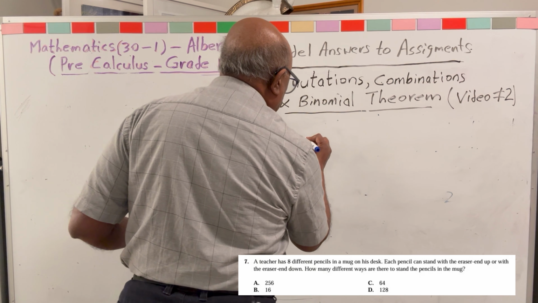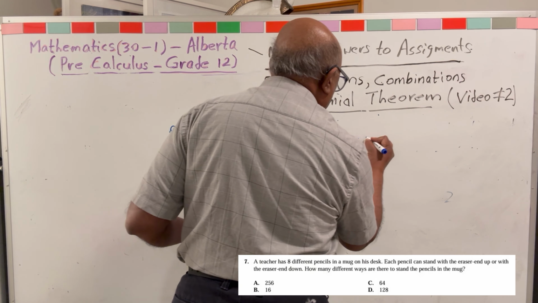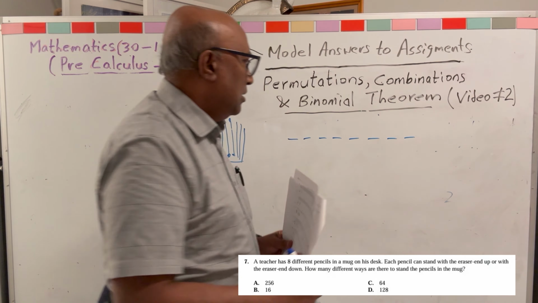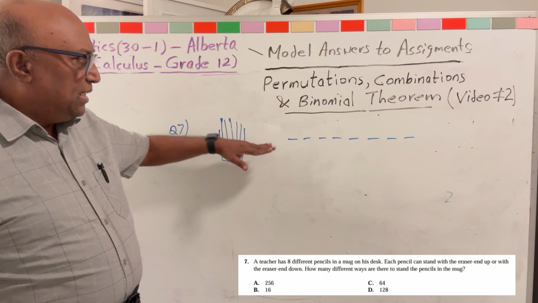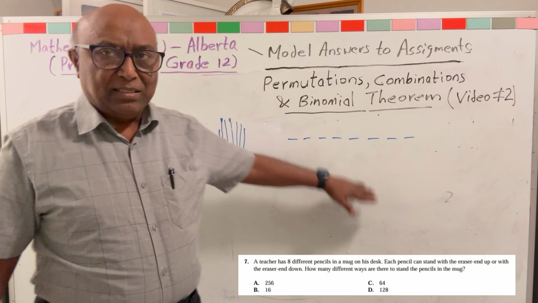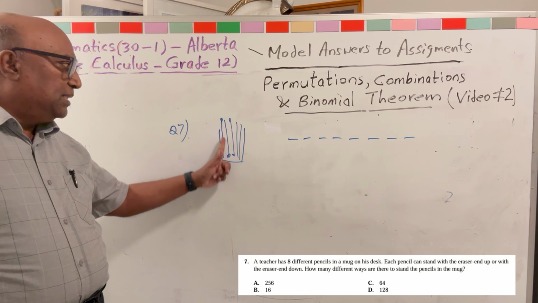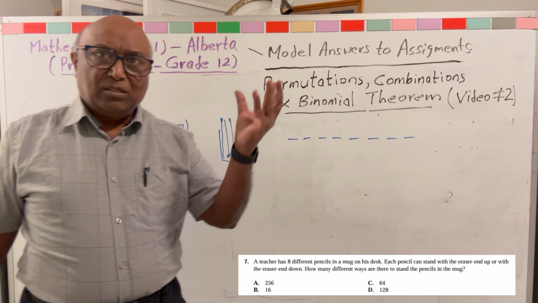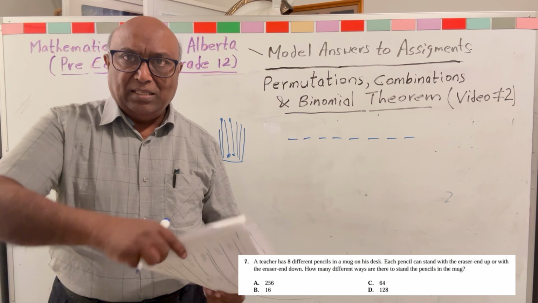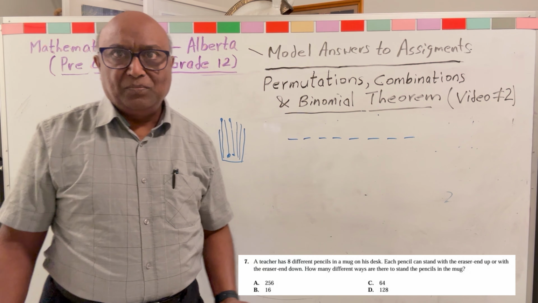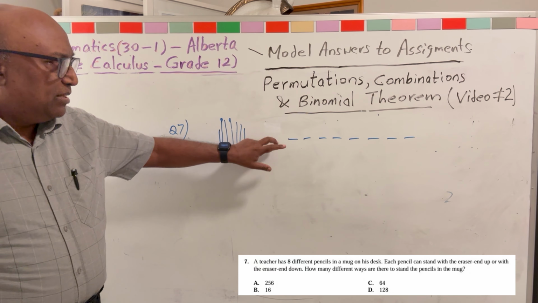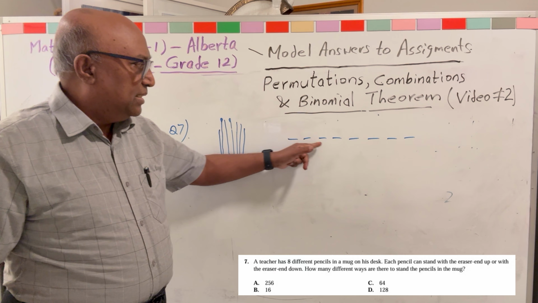There are 8 pencils, 1, 2, 3, 4, 5, 6, 7, 8. Let's arrange like this, because theoretically we have to interpret the question like this. Physically pencils are standing like this, not in a straight line actually. Pencils are scattered in the mug. But we have to interpret the pencil positions like this.